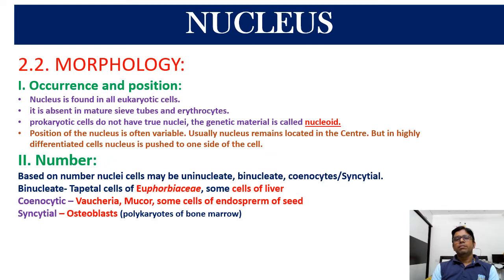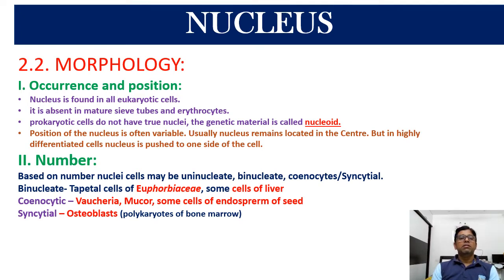Coenocytic. The plant cells which possess more than one nucleus are called coenocytic cells. Examples are Vaucheria, which is an alga, Mucor, which is a fungus, and some cells of endosperm of seeds. Endospermal cells contain more than two nuclei per cell.